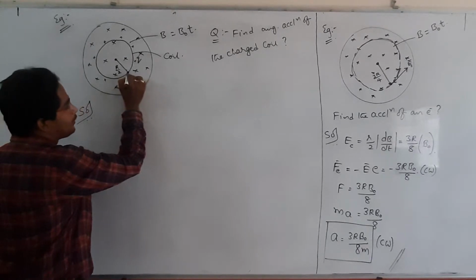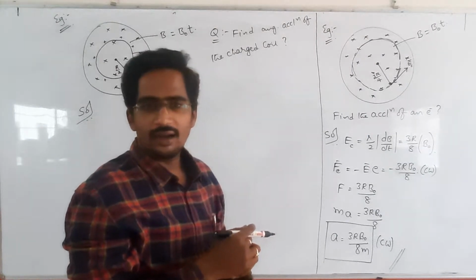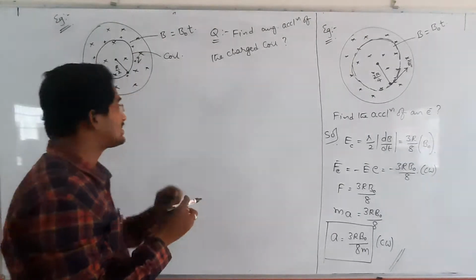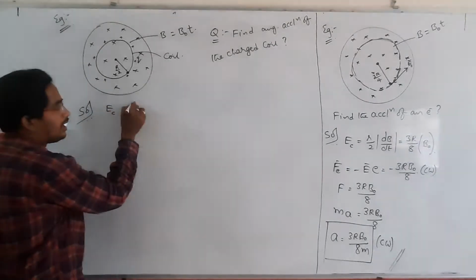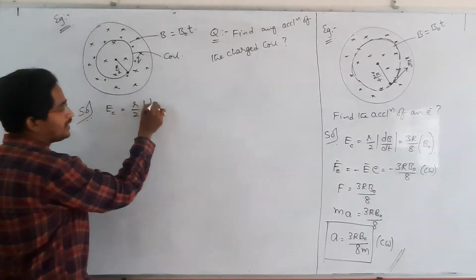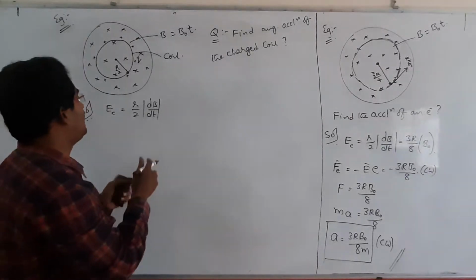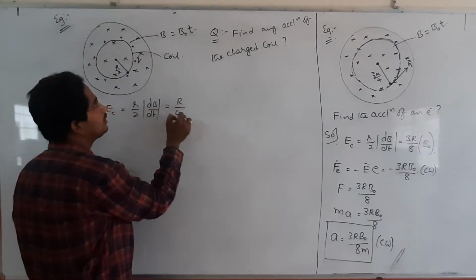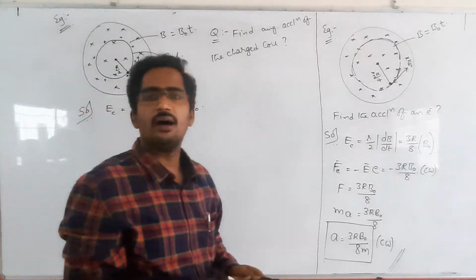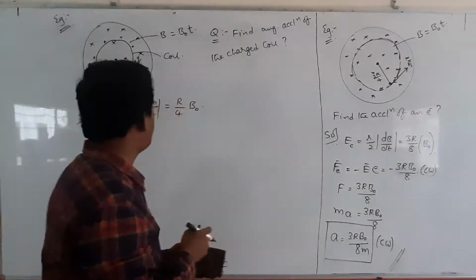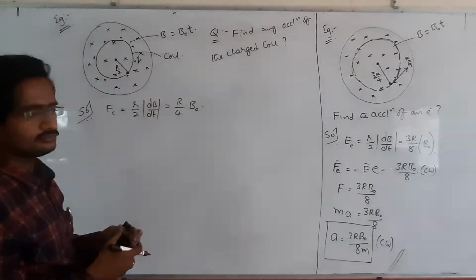If you consider a point on the rim of the coil, the electrical intensity there is R by 2 into mod of dB by dt. What about the R by 2 value? R by 4 into B naught. So that is the electrical intensity at the point.